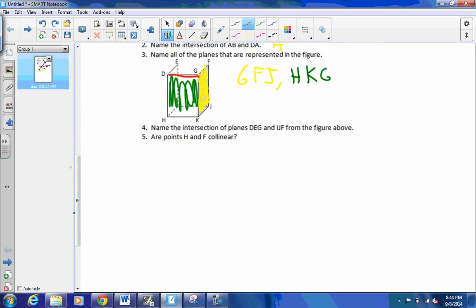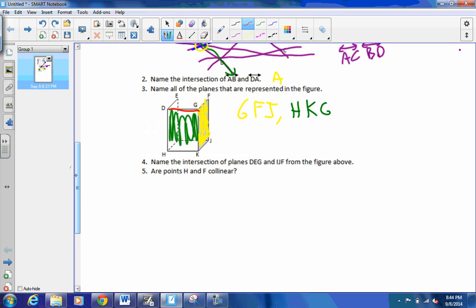All right, going on to number 4, name the intersection of planes DEG and IJF from the figure above. So here's that postulate. The intersection of planes DEG, which would be on the top, and IJF would be the back.